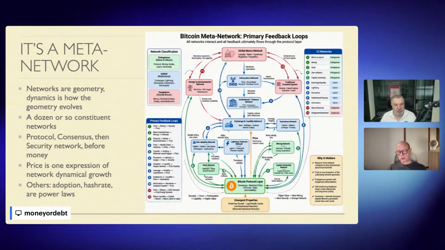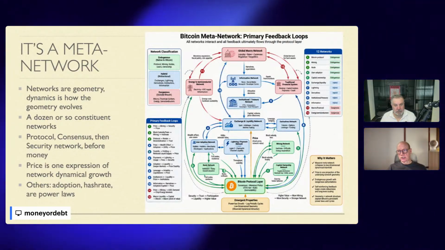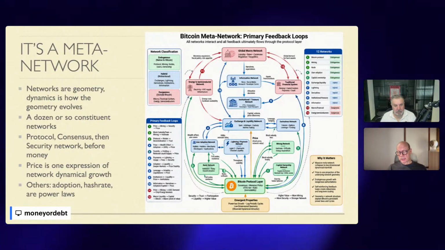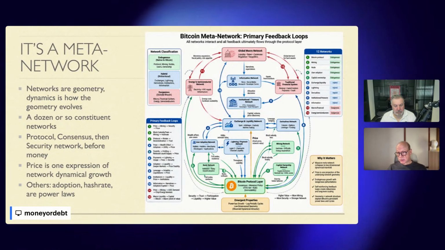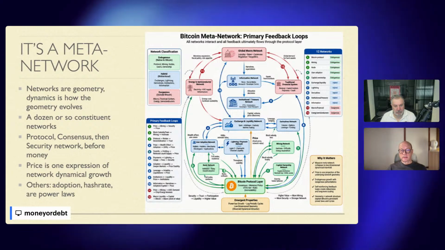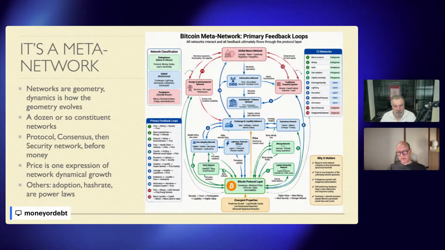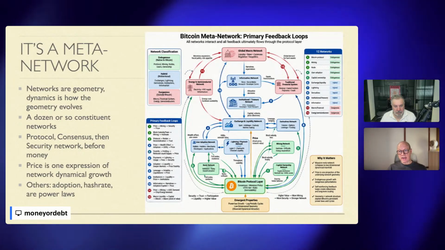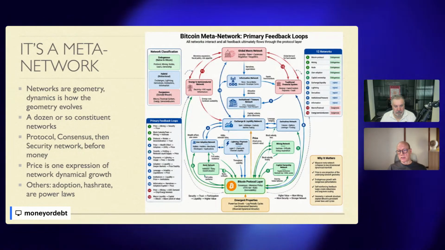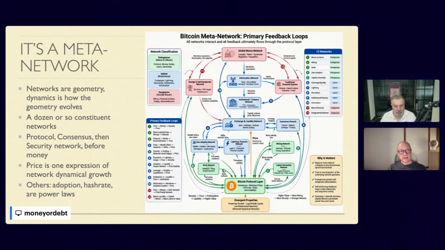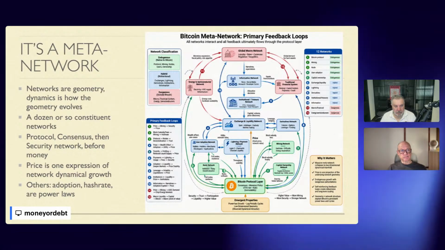And then what I'm showing today is this low dimensional geometry. And of course, we have multiple power laws. It's not just price, right? It's the adoption is a power law, the hashing or the difficulty, which is directly related to hashing, that's a power law. And of course, Metcalfe's law about the value of networks going roughly as the square of the adoption.